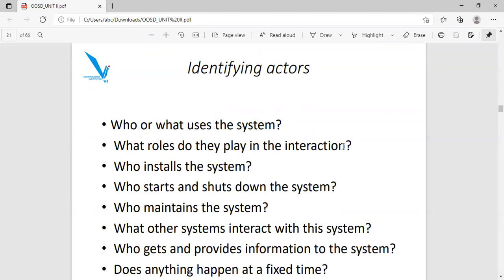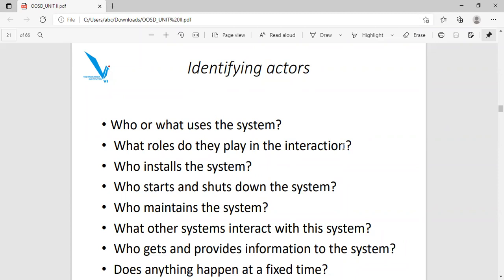So for that purpose, every time the instruction is to be given with the help of actors, and that is nothing but what the system is going to perform for that particular task, where we have to understand the interaction of one system with another system, which gets and provides the information of that particular system, as well as what exactly is happening inside that system within a given period of time.